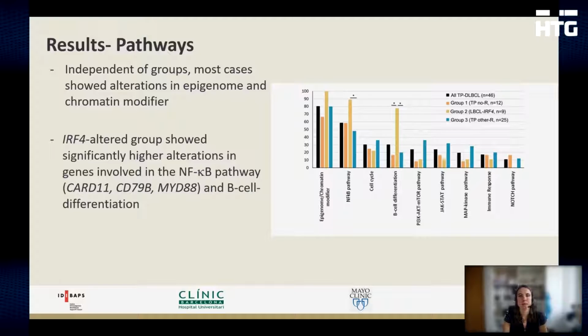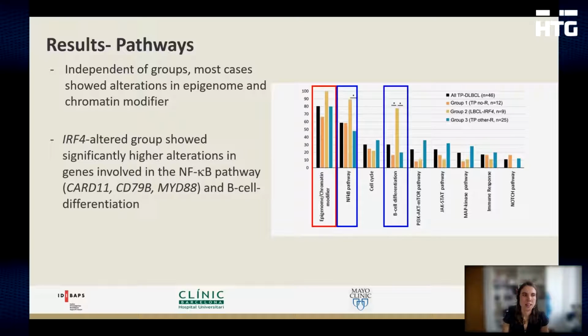We also analyzed the main pathways used by the tumors, and independently of the groups, most cases showed alterations in epigenome and chromatin modifiers. The IRF4 altered group showed significantly higher alterations in genes involved in the NF-kappa B pathway, namely CARD11, CD79B, and MYD88, and as well in B-cell differentiation.